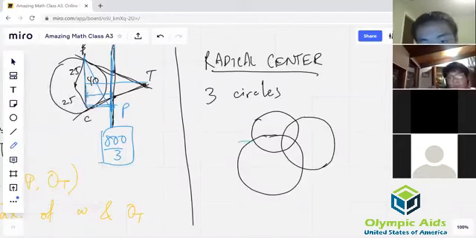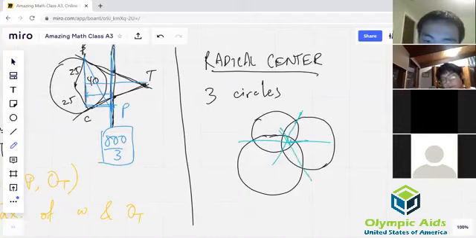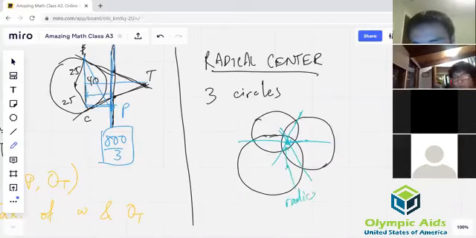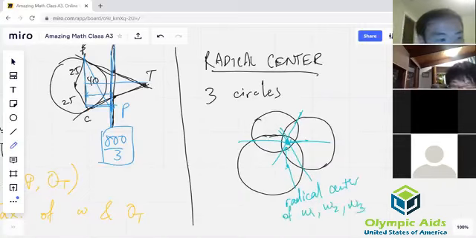This radical axis right here, this radical axis right here, and this radical axis right here. They intersect at one point, and this point is called the radical center of omega 1, omega 2, and omega 3.